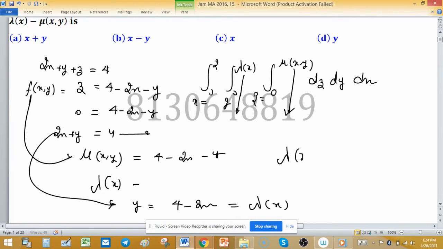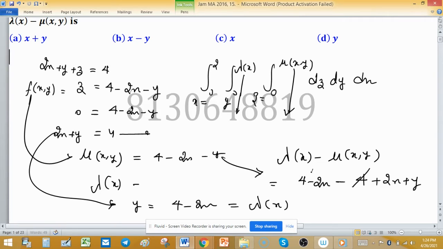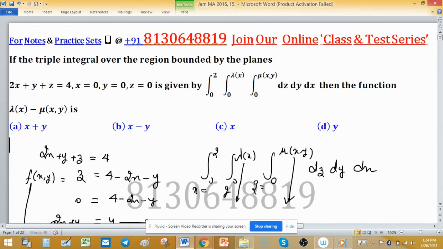So the value of lambda x minus mu xy is equal to 4 minus 2x minus the value of mu xy used from here, so minus 4 plus 2x plus y. So 4 cancels out by 4, and 2x again cancels, so the value is y. Now which option is giving the value y? So option D is correct.